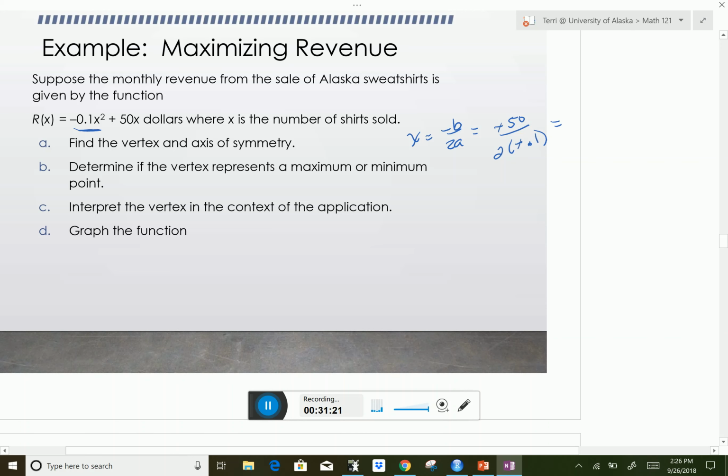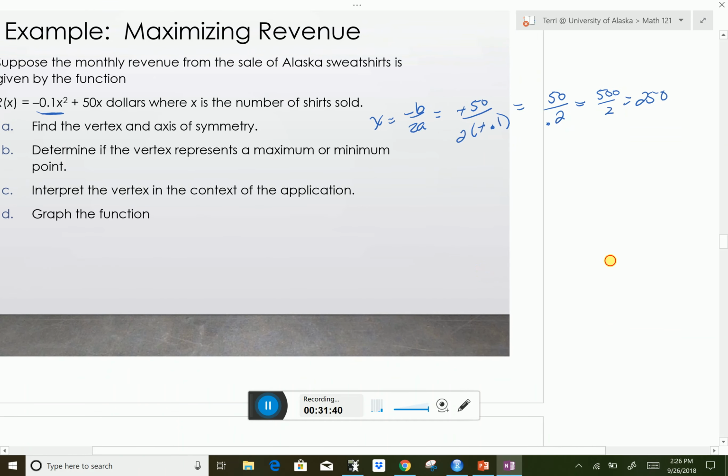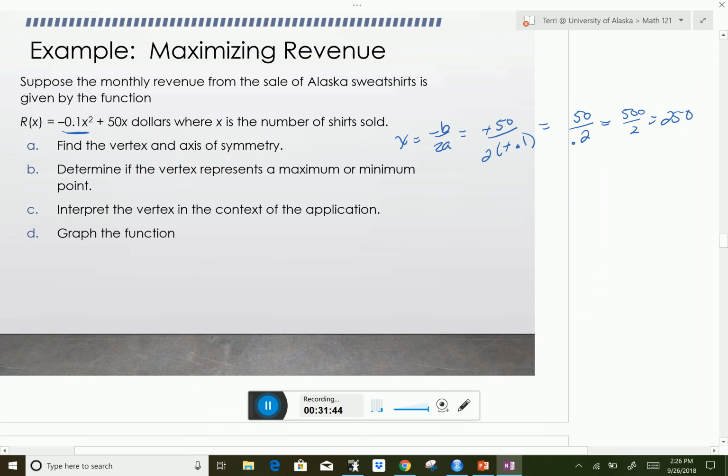So these negatives will cancel, and we have 50 divided by 0.2, which is 500 over 2, which is 250. So that's actually the x-coordinate of the vertex.